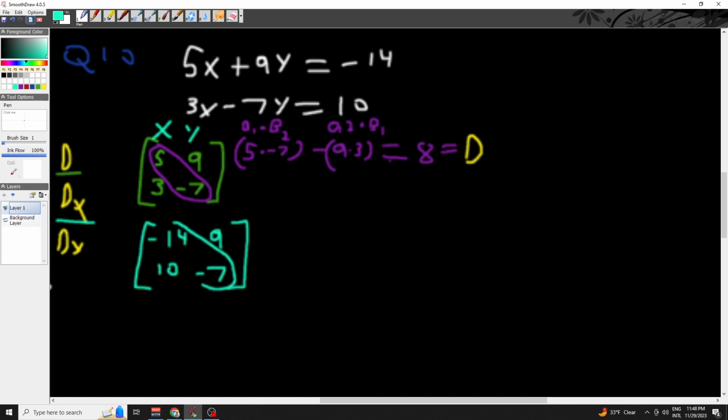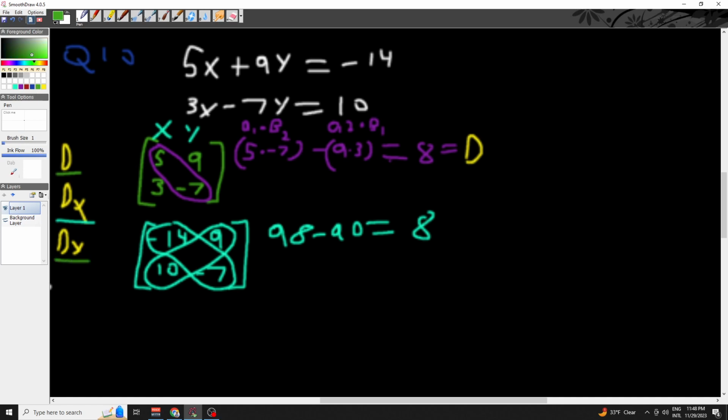You do the A1 times B2, subtract that from A2 times B1. It's 98 minus 90, which is equal to 8. Holy moly, we did it.